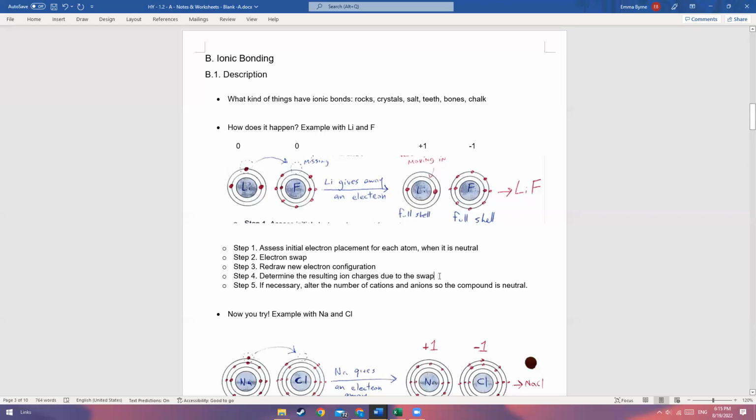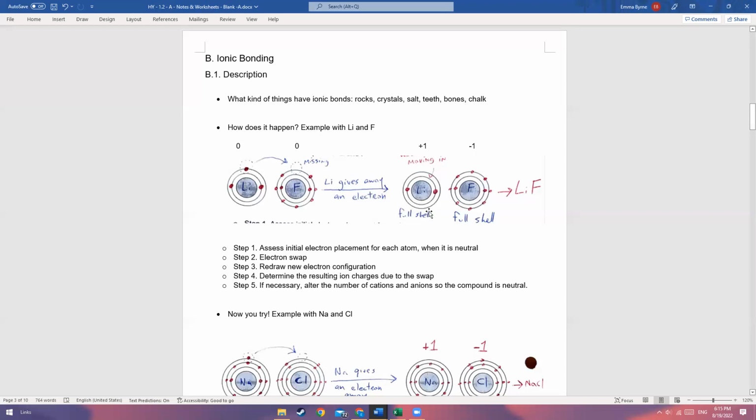And this is important. Step 4 is important for determining step 5. So if necessary, alter the number of cations and anions so the compound is neutral. And if you're unfamiliar with what a cation and an anion are, cations are positively charged, anions are negatively charged.